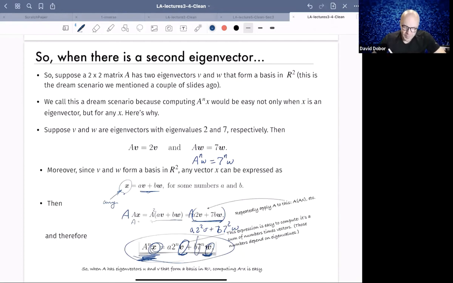Okay? This works for nice matrices. Well, we'll talk about this. Just foreshadowing, I can tell you that if a matrix has n distinct eigenvalues, then this will always happen. You will always find n distinct eigenvectors. But you get even more lucky than that.